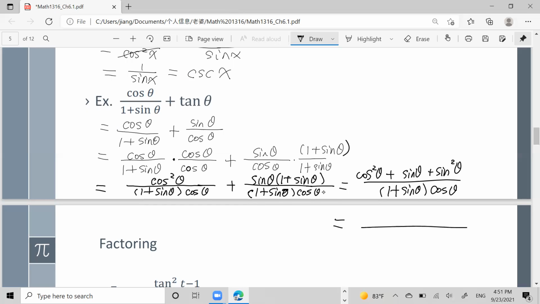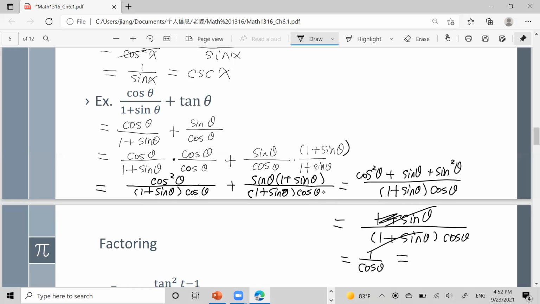So this one plus this one is 1, giving 1 plus sine theta. And the bottom is 1 plus sine theta times cosine theta. This one cancels out because they are the same terms. I got 1 over cosine theta. If I don't want to have the fraction in the expression, I can convert it to its reciprocal, that's secant theta. So the answer for this question is secant theta.